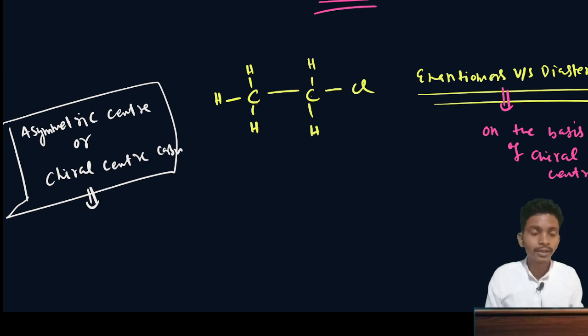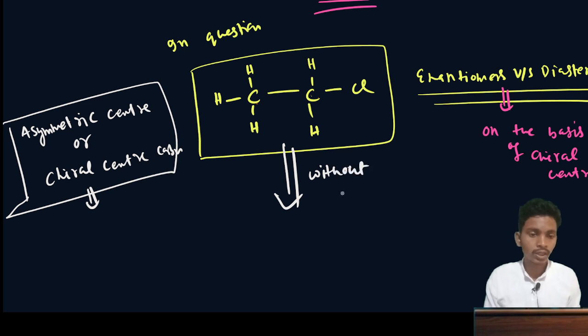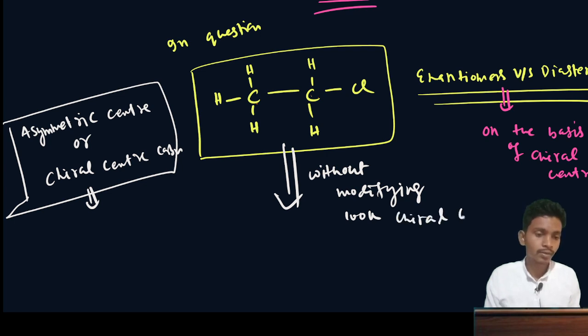What we will look at first is whether any chiral center is present or not in the starting compounds, whatever is given in the question. Without modifying, we look whether a chiral center is present or not.